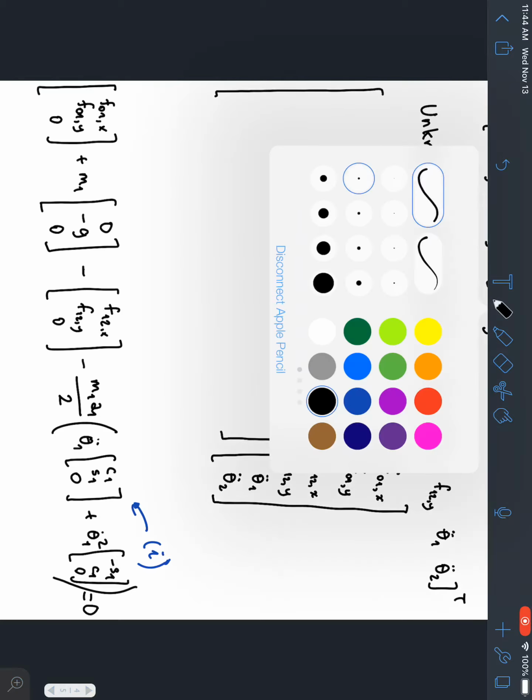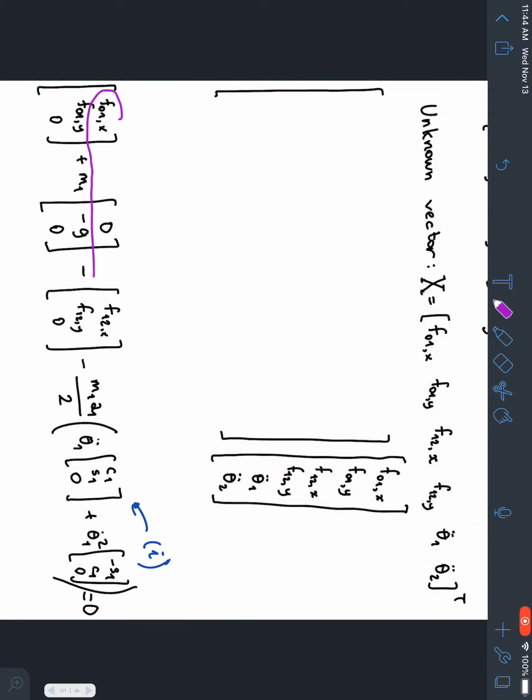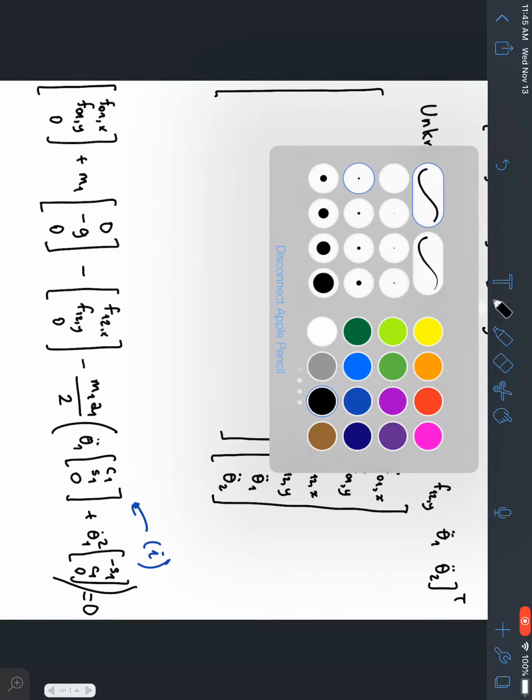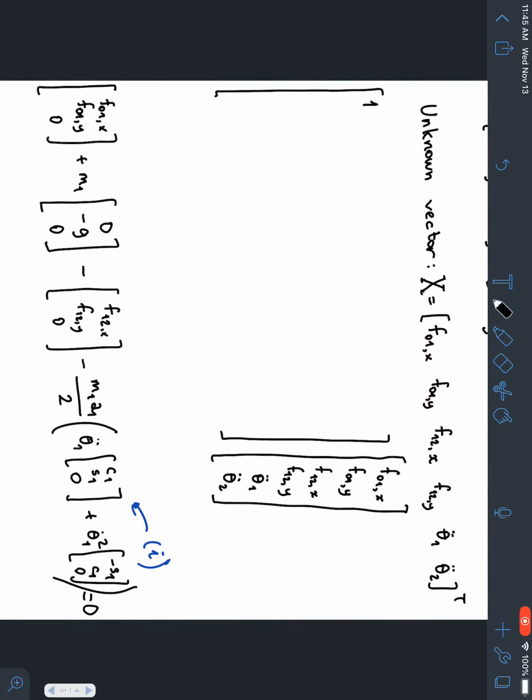When I say the first equation, I'm talking about this whole thing being equal to 0. The component of f01x there is 1, so I'm going to put a 1 here. The component of f01y is 0, so let me put a 0 there. The component of f12x is -1. The component of f12y is 0.